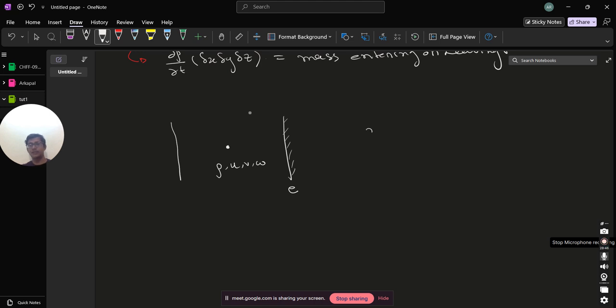Flux is nothing but the mass per unit area per unit time. And if we multiply it by the area, for example, this is the area times the flux, we will get the mass flow rate.